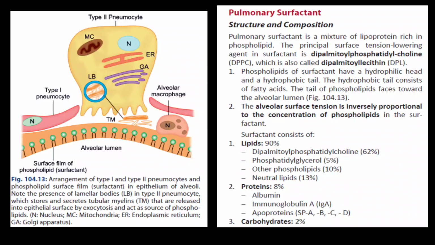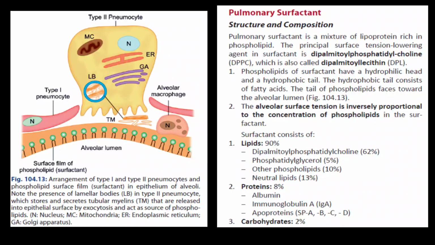How it actually alters the surface tension we will see later. First, let us see the structure and composition of this pulmonary surfactant. Pulmonary surfactant is a mixture of lipoprotein rich in phospholipid. The principal surface tension lowering agent here is dipalmitoyl phosphatidylcholine, or DPPC.